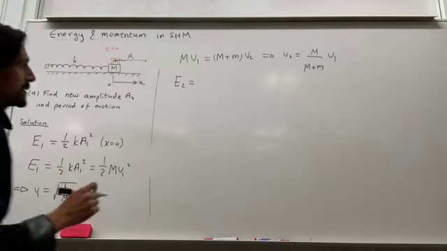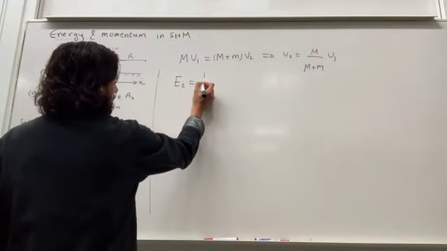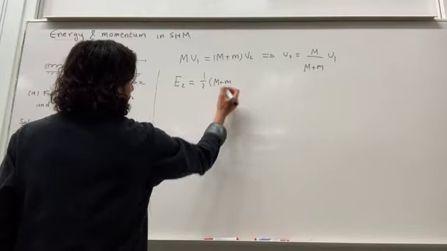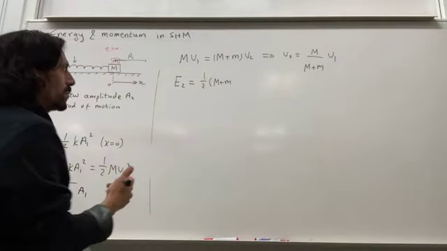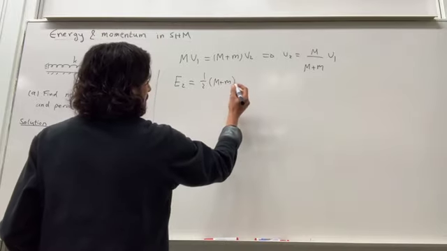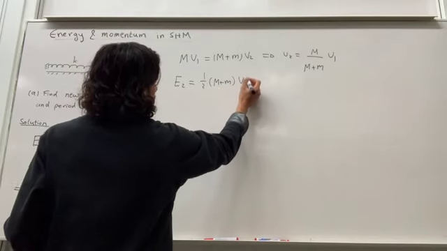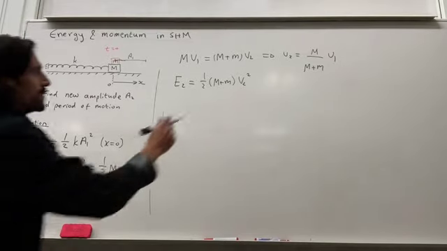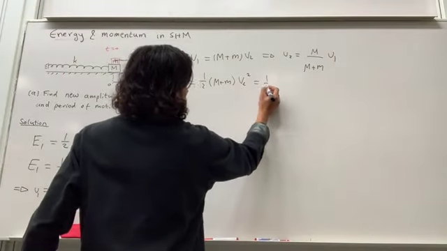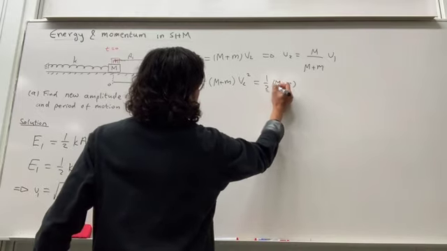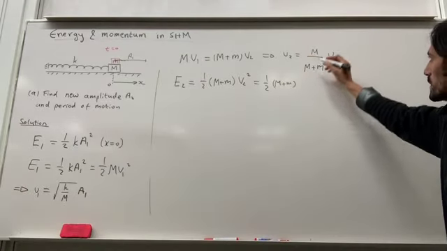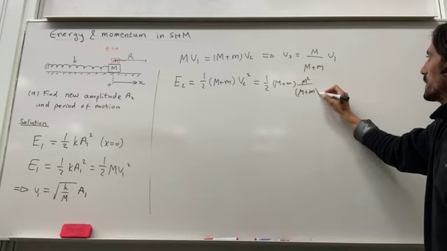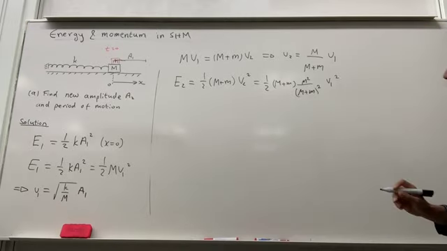And we know that it has to be half the total mass now, M plus m, exactly after the collision at that point, times v2 squared. We can substitute, so it's half M plus m times M squared over M plus m squared times v1 squared.